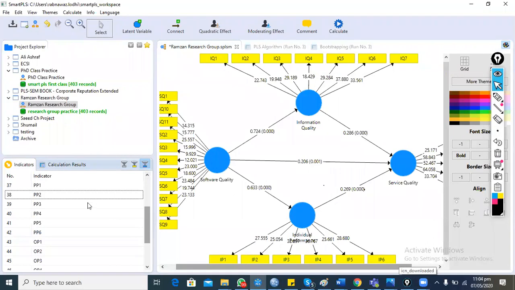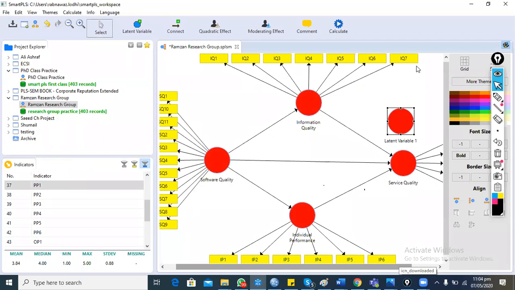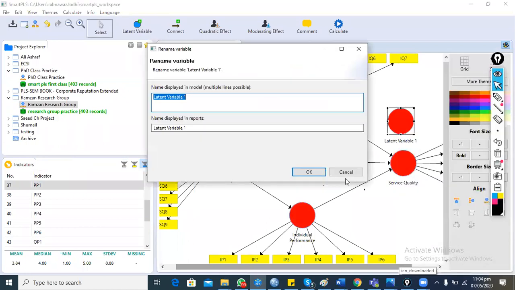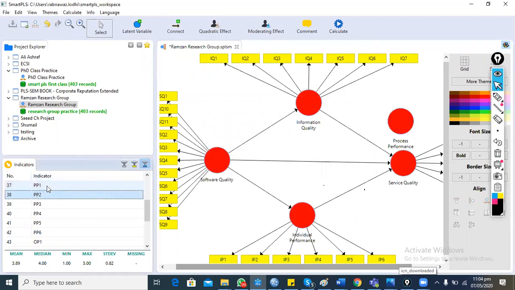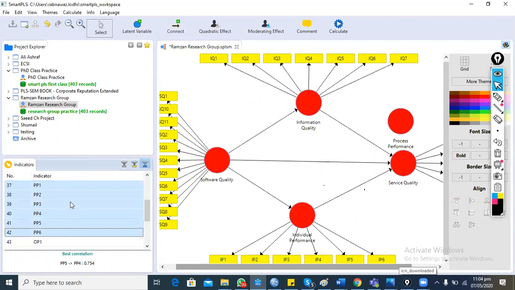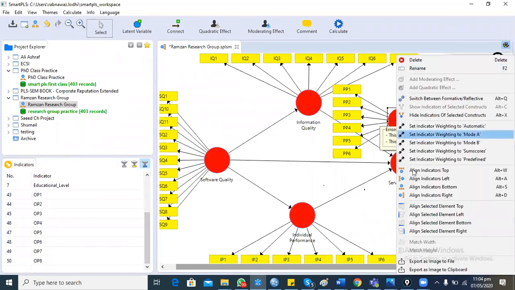For example, there is another variable, process performance. If I add this dependent variable, that would be the process performance. So I need to put the indicators of this variable, process performance.